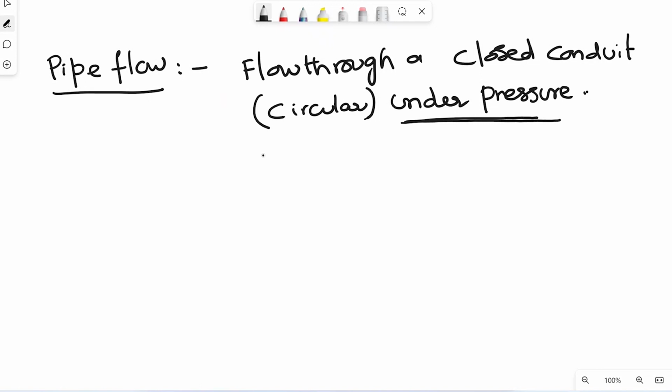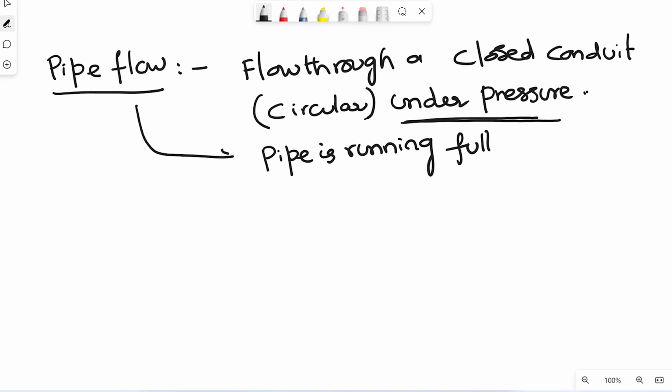And at the same time, the pipe is running full. Only when the pipe is running full do we call it pipe flow. Kindly remember, these are the two things. Flow in a closed conduit under pressure, this is one. The second one is the pipe is always running full.